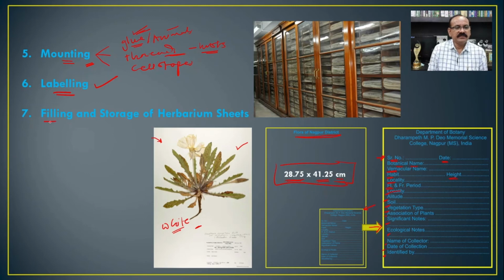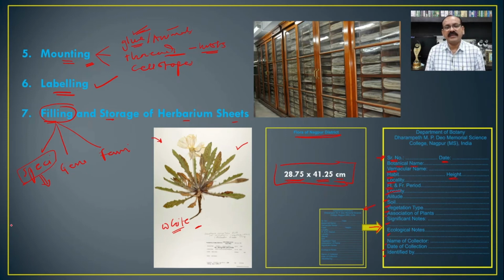Then the last one is the filing and storage of the herbarium sheets. After the formation of the herbarium sheets, there is need of filing, and this filing will depend upon species, genera, and families. So we will have pockets of the same size as the herbarium sheet for the species collection.